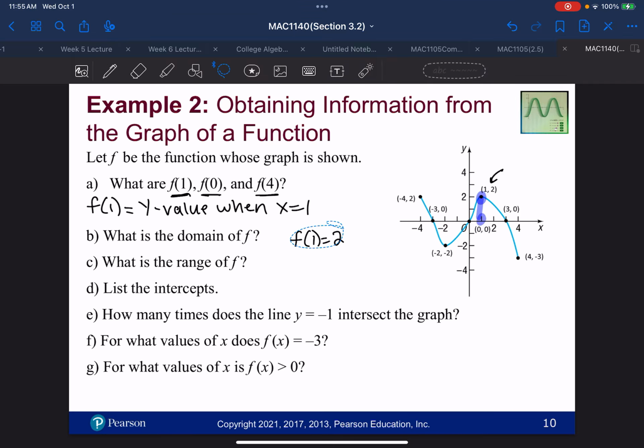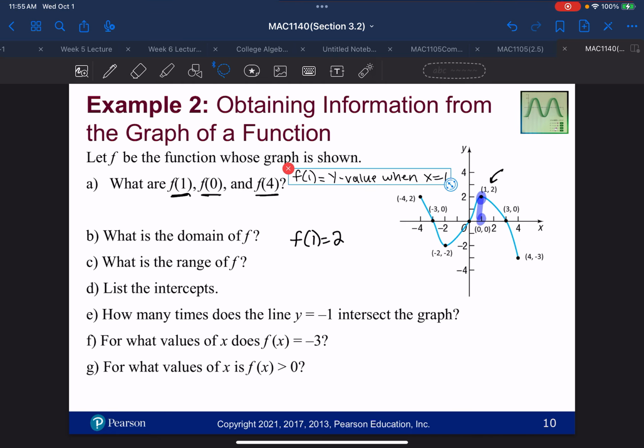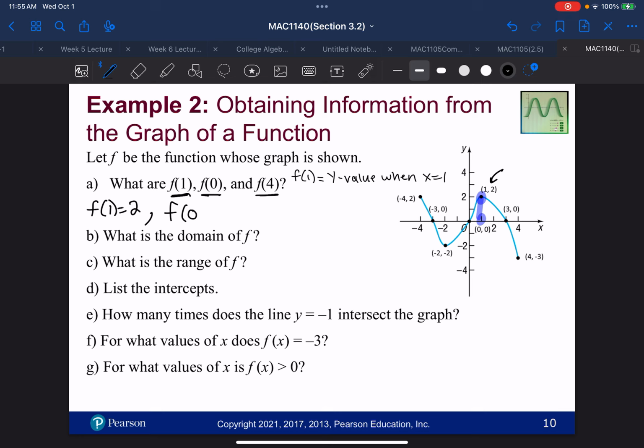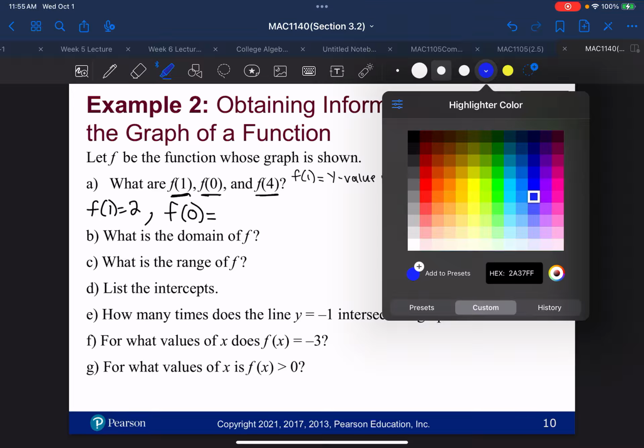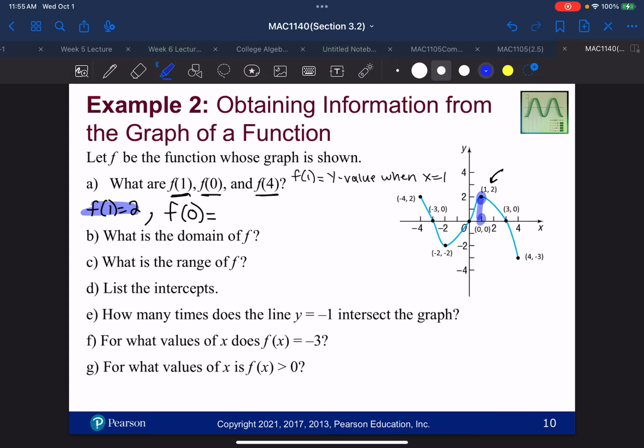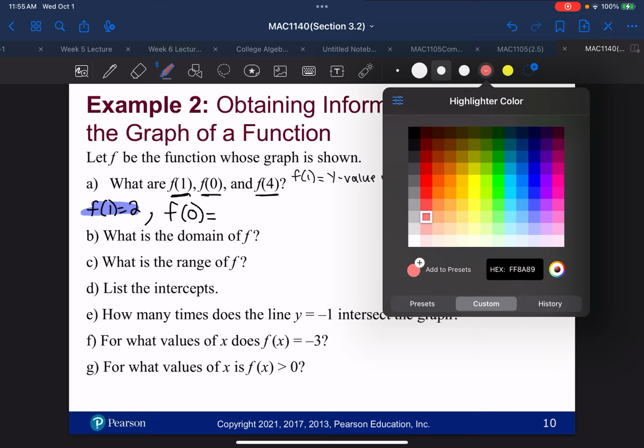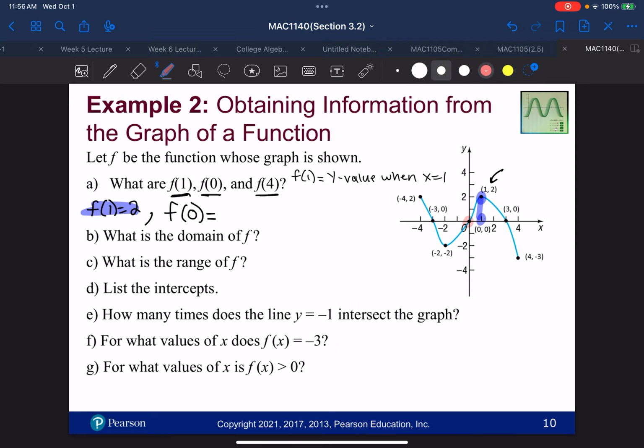Let me put this here, and let me put this here. Okay, the next one is f of 0. So we find x equals 0, and that point is right on x is 0 at the origin.